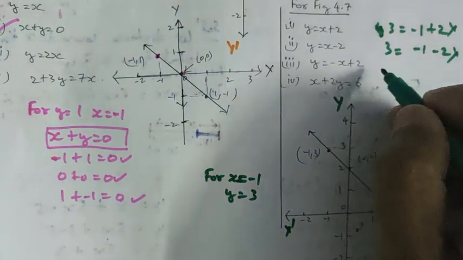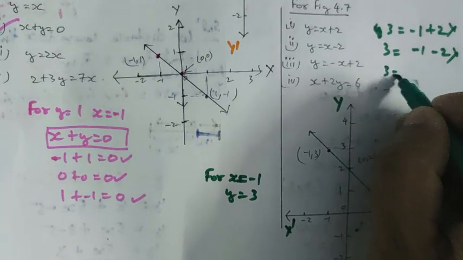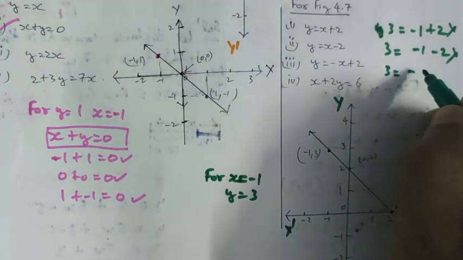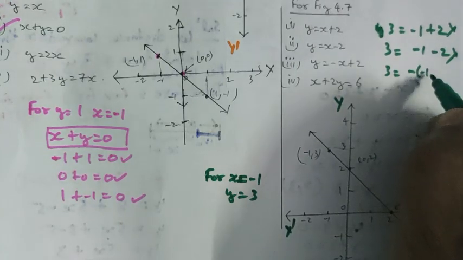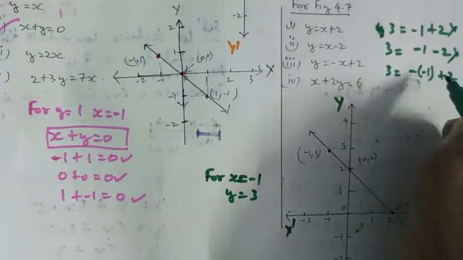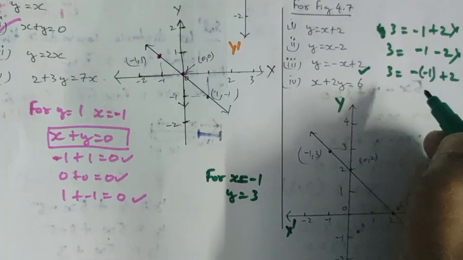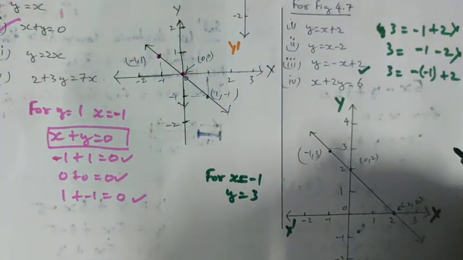That is also wrong. Third one, y equals minus x plus 2. Here y is 3, and minus of x means minus of -1, that is +1, plus 2 equals 3. This is correct, and this can be the equation, but we need to check whether all the points are lying on it.